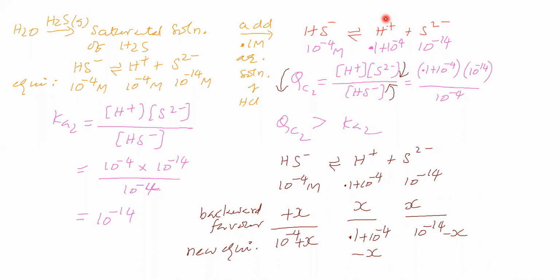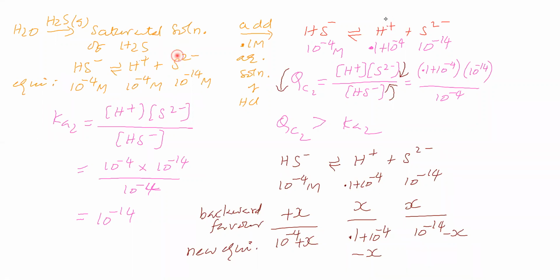So, if you add a common ion into the equilibrium, equilibrium is disturbed, then either forward or backward is favored. The system will attain a new equilibrium and the concentration of all the species vary. Okay, have we got an idea? Now, this is the system, it is at equilibrium.